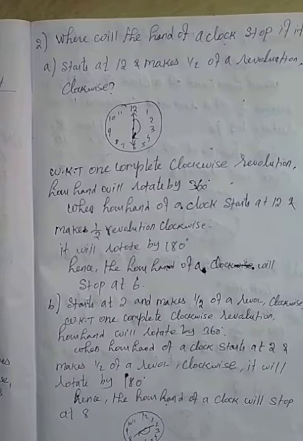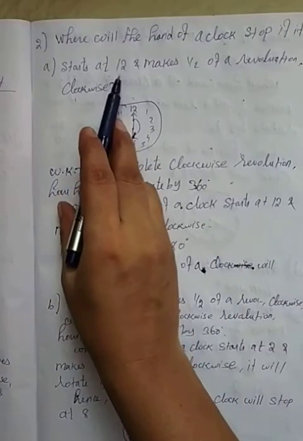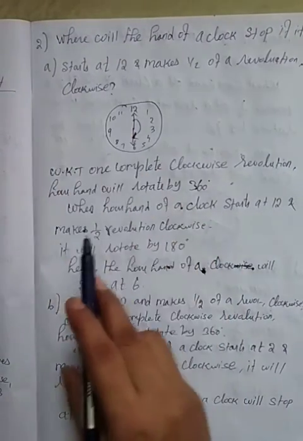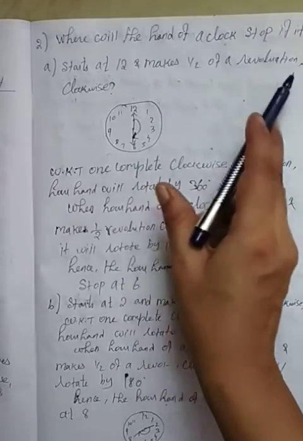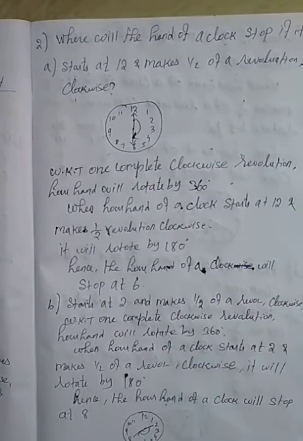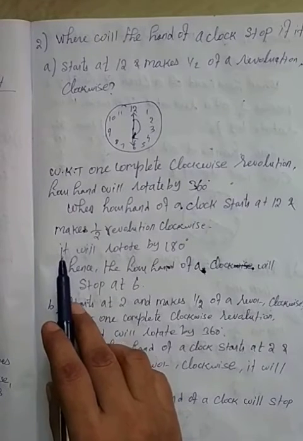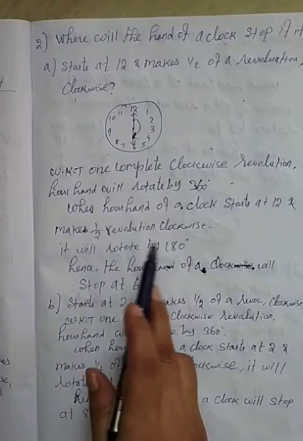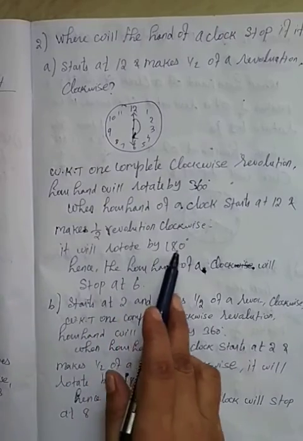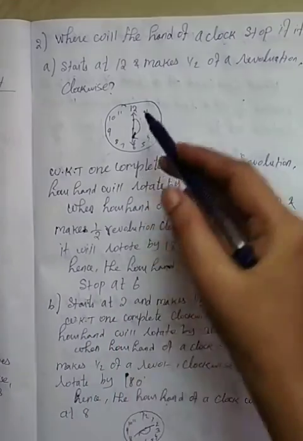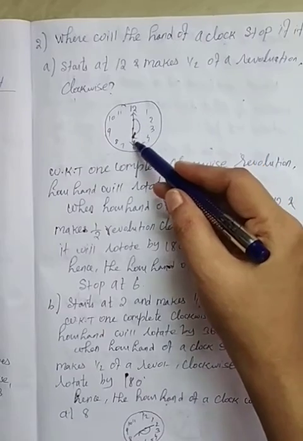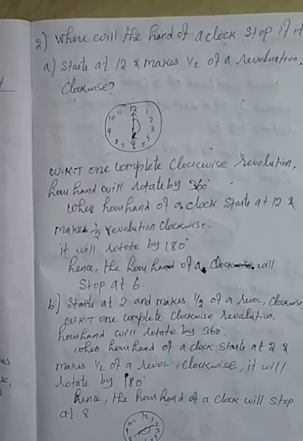So when our hand of a clock starts at 12 and makes 1 by 2 of a revolution, 1 by 2 revolution means 180 degree, right? So it will rotate by 180 degree, or otherwise we can say 2 right angle.